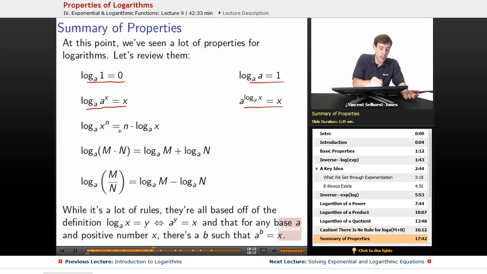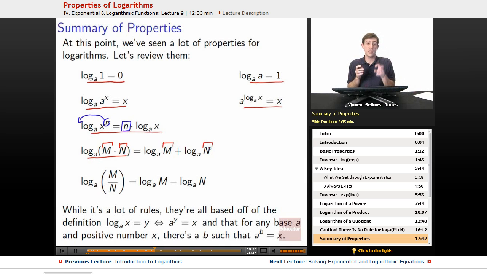Then we have the fact that we can bring down powers, right? If we've got log of x to the n, then we can bring the n in front. We've got n times log of x. If we've got log of m times n, then we can split that into log of m plus log of n, right? We've got the two different pieces, m and n, so it splits into log m plus log n.